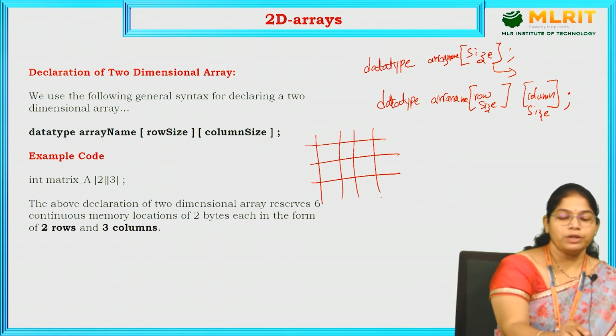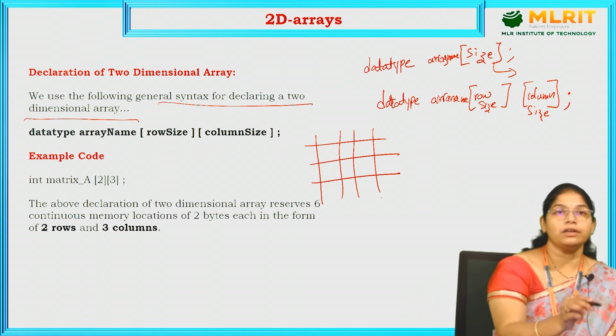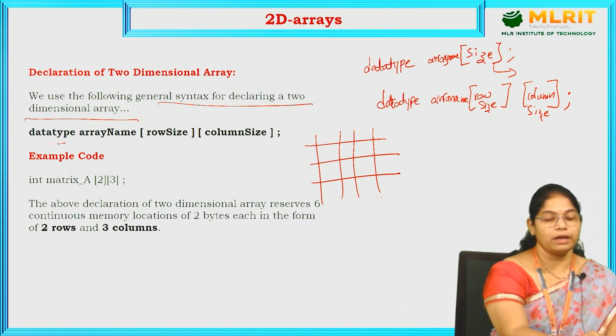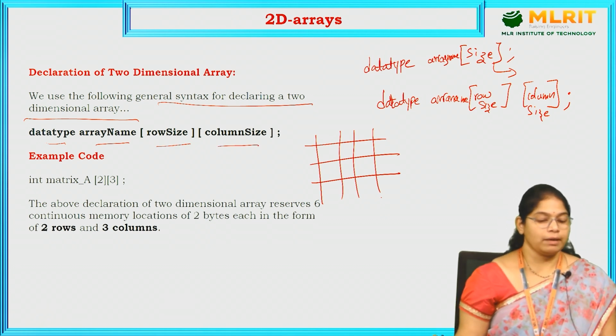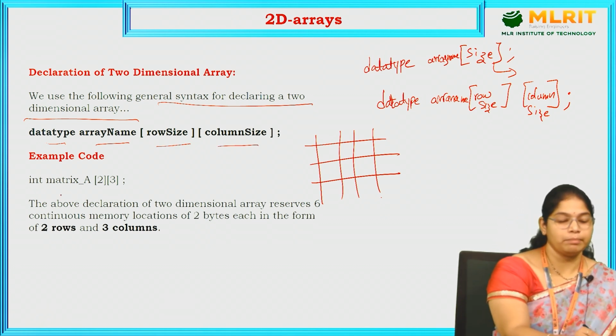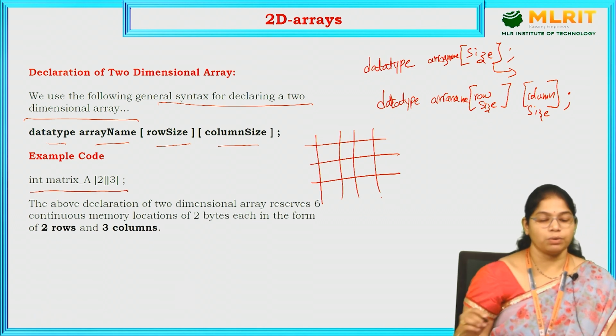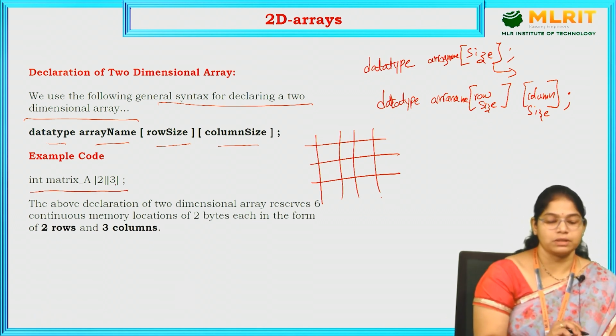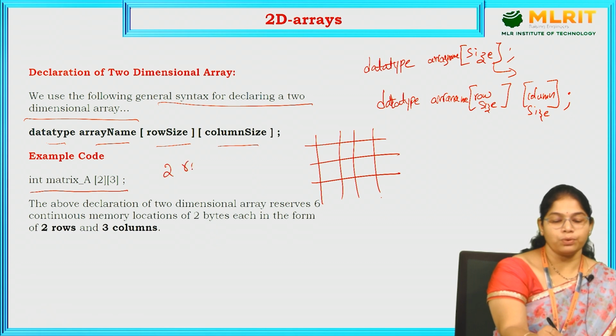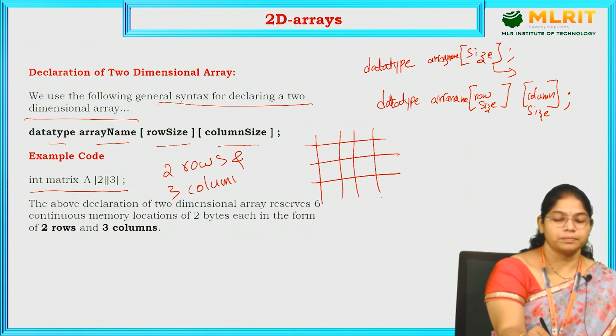So the general syntax for declaring a two-dimensional array is data type, array name, row size, column size. For example, int matrix_a[2][3], where 2 is the row size and 3 is the column size. That means it has 2 rows and 3 columns.